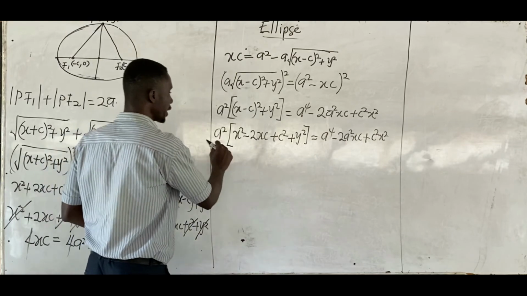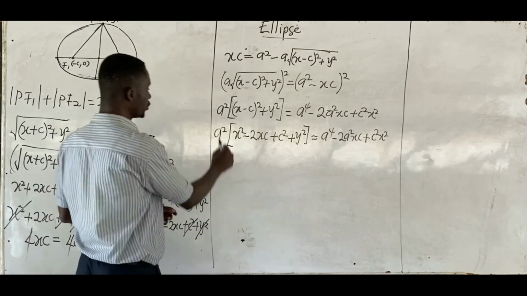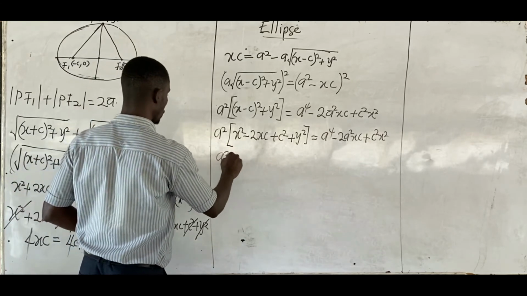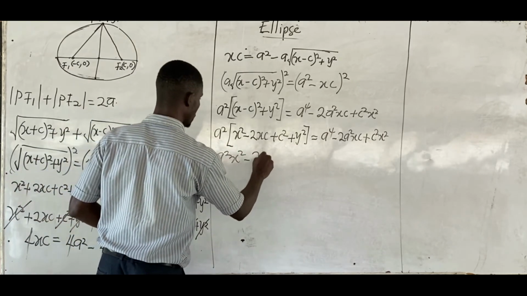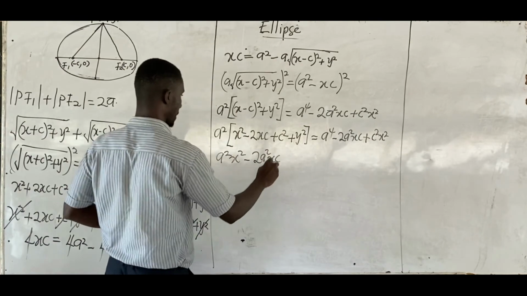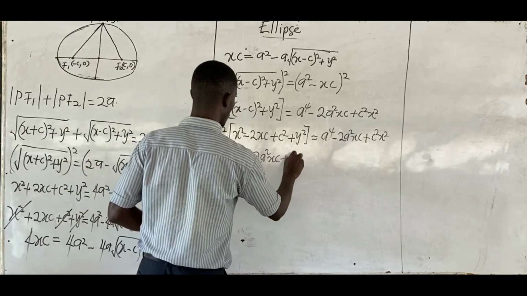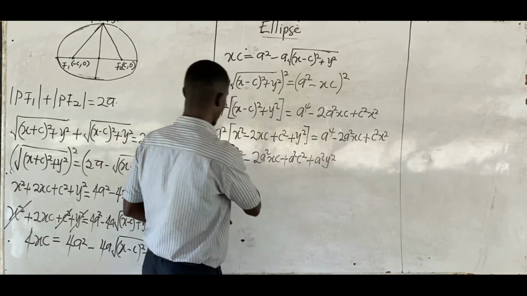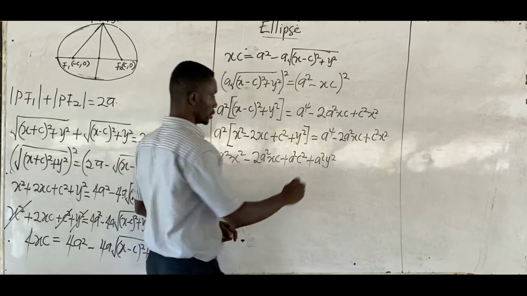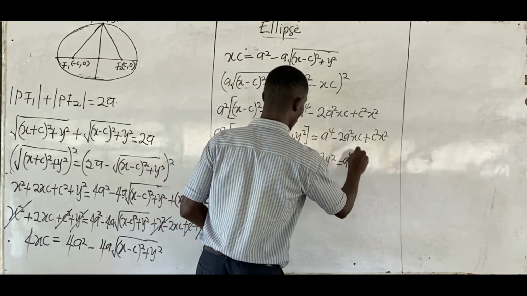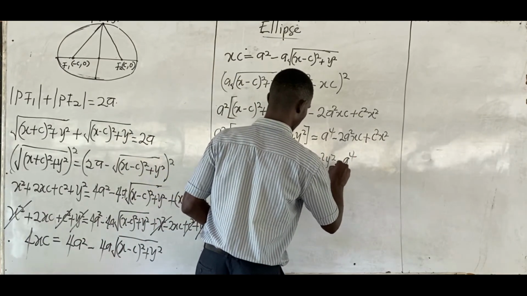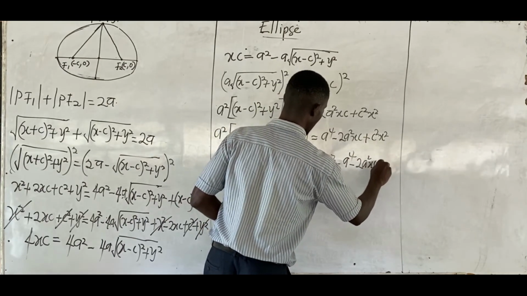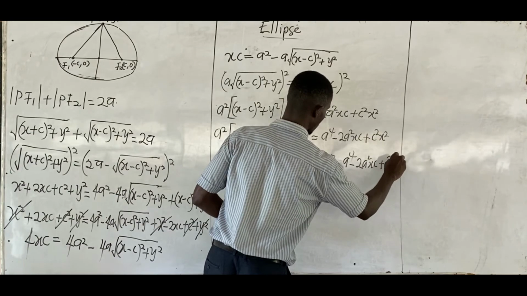Now, I will distribute a squared throughout. We get a squared x squared minus 2a squared xc plus a squared c squared plus a squared y squared by distributing a squared throughout is equal to a to the power 4 minus 2a squared xc plus c squared x squared.